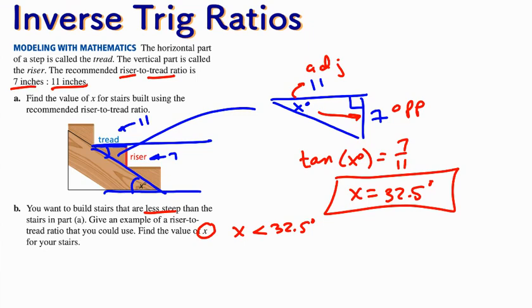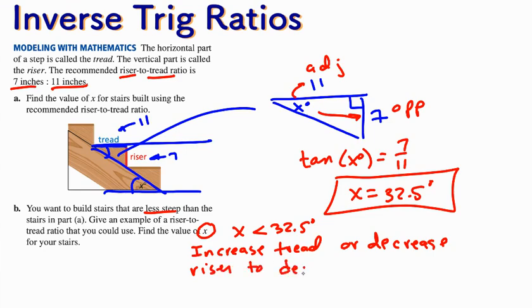And you can either increase the length of the tread or decrease the height of the riser to accomplish that. You can choose some numbers and play around with it and solve for your X and see that that's true.